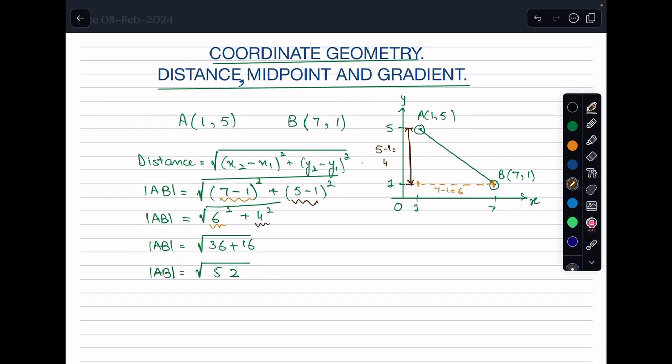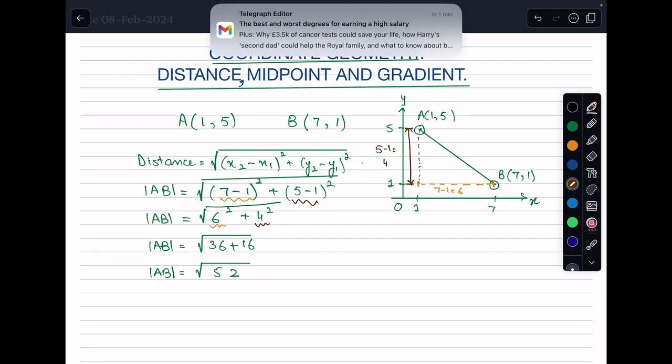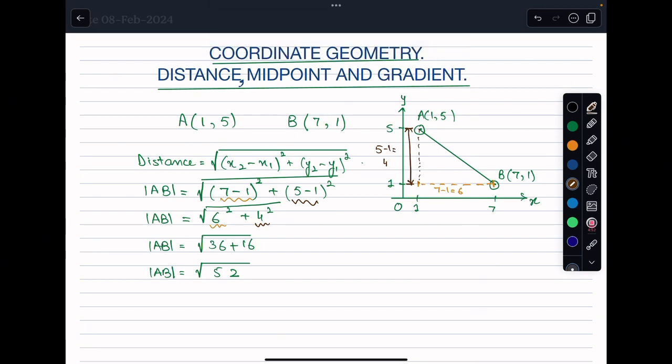If I join the vertical and horizontal distances, I get a right angle triangle, and the distance formula represents the Pythagoras theorem, where the distance AB is the hypotenuse.